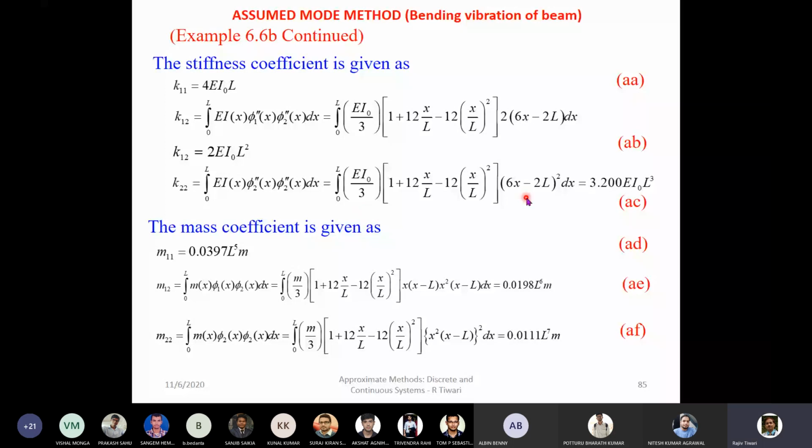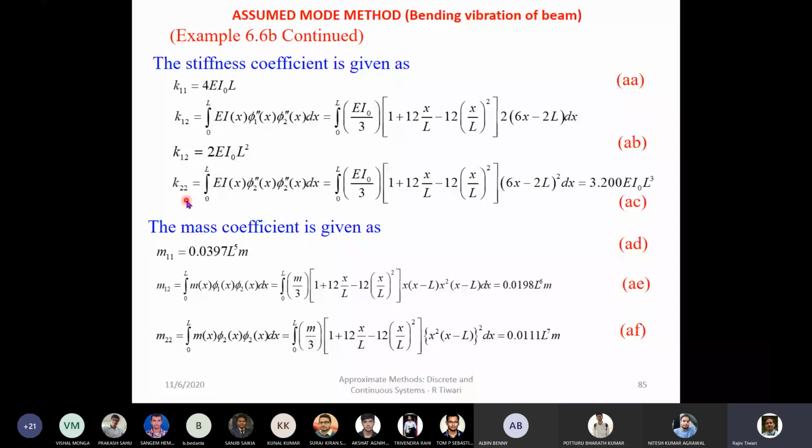Again here we have to do a long integration and then put in the limits to get the final K22 value. So we have obtained the stiffness coefficients K11 and K12, and we know that symmetry is there, so K21 is also known to us. K22 is this. So now we know the 2 by 2 stiffness matrix.